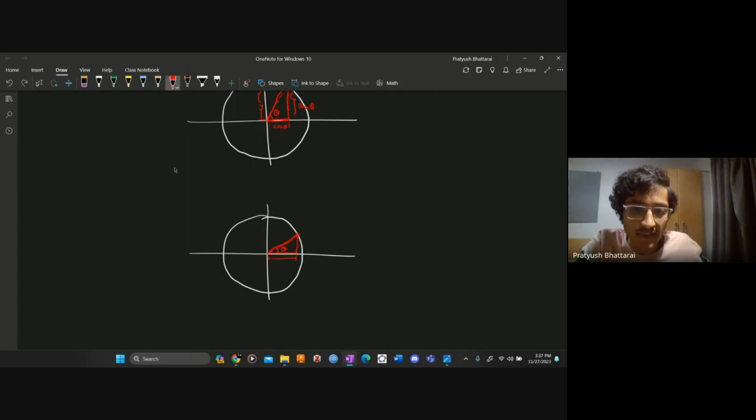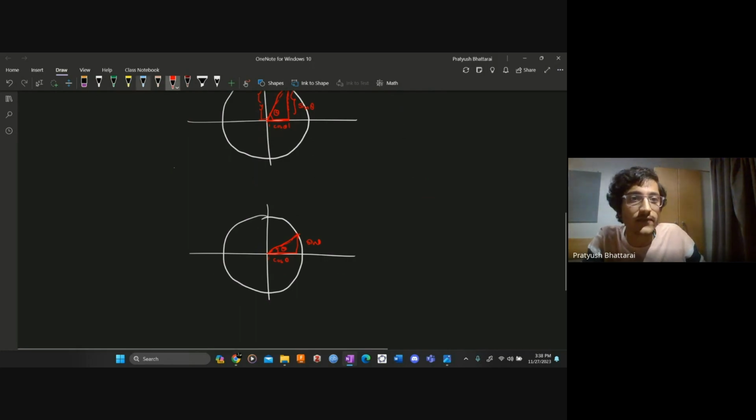That length for the base and the height, we say to be the cos and the sine component of the angle. So for every given angle, we're trying to see what the lengths of the base and the height of the triangle are.